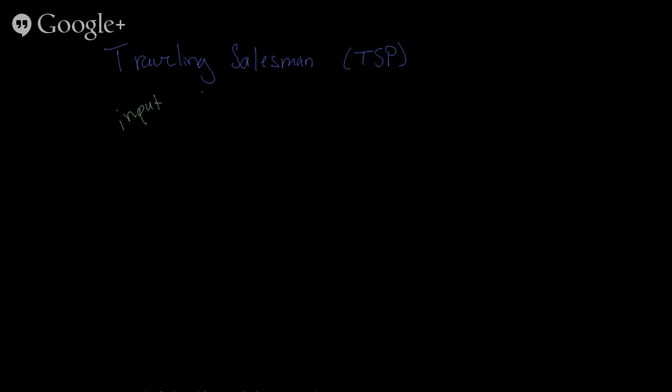Input is, again, going to be your original graph. That's going to have n vertices, and it's going to have n times n minus 1 over 2 edges. You can call that m if you want to, but that's what it's going to be.